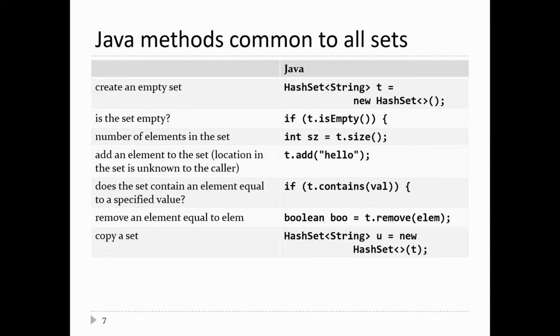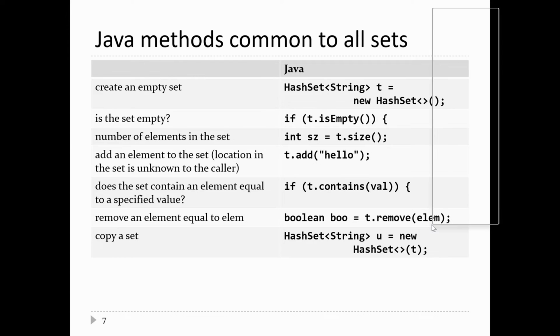For the set types, contains is very fast. So for hash set, it's O(1) complexity. For tree set, it's O(log n), where n is the number of elements in the set. So contains is very fast for the different types of sets. Remove. You can remove an element as long as you know it's in the set. So remove elem, where elem is one of the elements in the set, will remove the element.